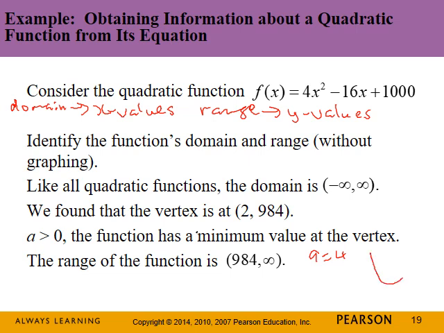That is positive, so that means it opens up. That means we have a low point around here, which is the vertex. And this is the lowest point. That is going to be your lowest value for your range. And since it goes up forever, it's going to positive infinity for your range.